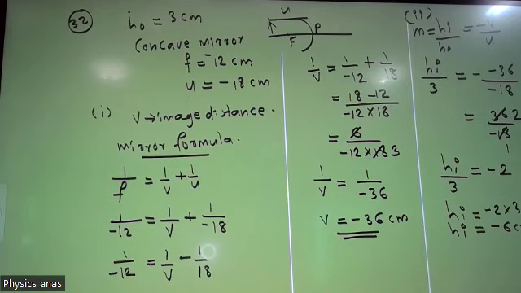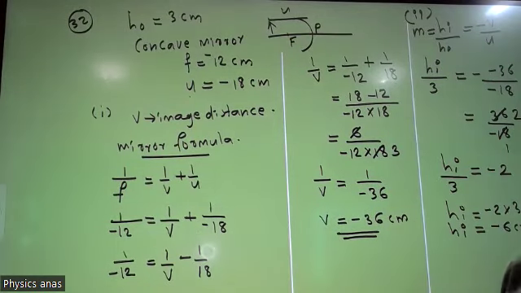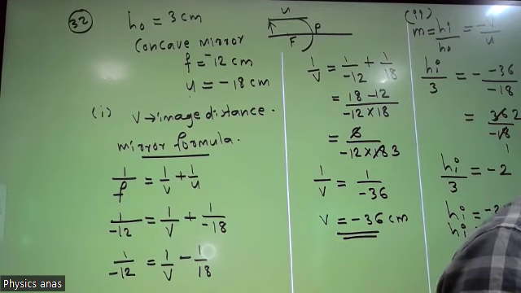What about question number 33? What does it ask? Draw a ray diagram for the following case: a ray of light passing through the center of curvature of a concave mirror is incident on it.